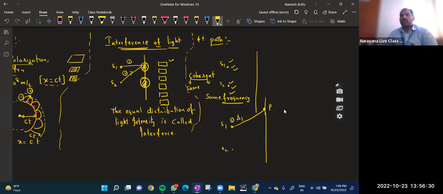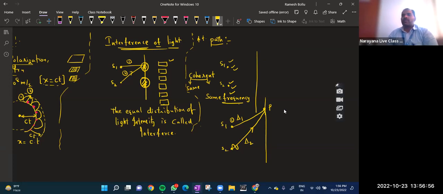Then if you switch on the second source of light, the distance between S2 and P is nothing but the path traveled by the second light wave. Which light wave has traveled more distance? This light wave traveled the largest distance. It means two light waves must have some path difference.